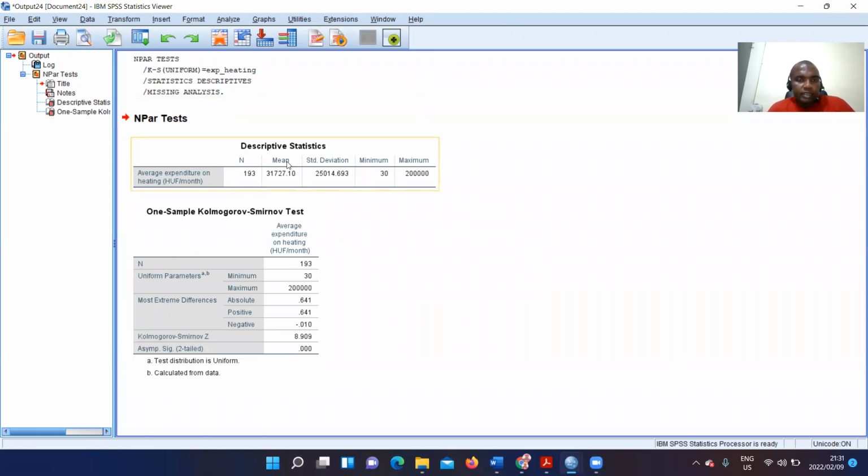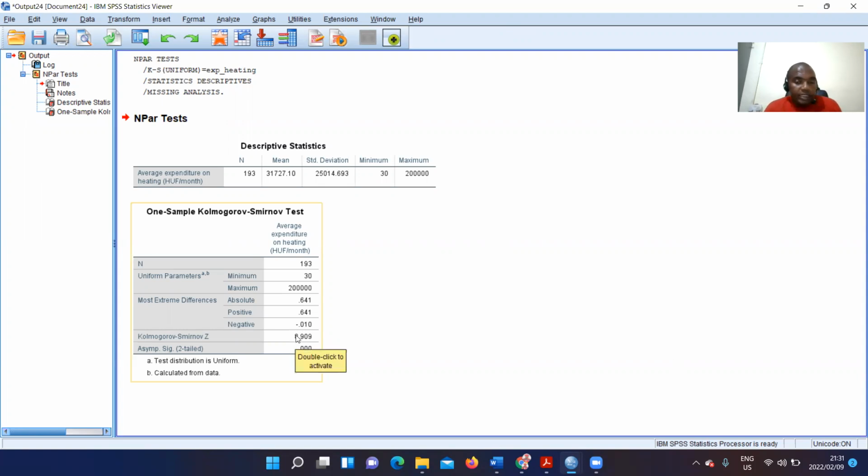We start with the descriptive statistics in the top table. And then the table of interest is the one sample Kolmogorov Smirnov test output table, which shows us that the Kolmogorov Smirnov Z statistic of 8.909 has an asymptotic significance probability of 0, which is lower than 5%.